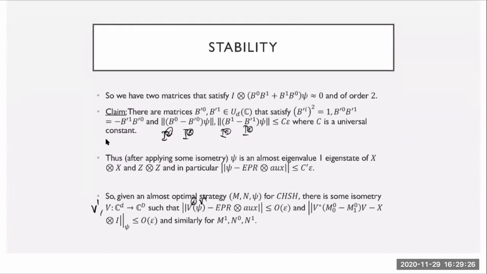So we have these matrices B0 and B1 that almost anti-commute in the sense that if you take I and you tensor with this matrix and act with it on psi, it is almost 0. Note that this is the same as saying that B0 B1 plus B1 B0, if you restrict it to the span of the VIs, in the SVD decomposition, this Schmidt decomposition that we talked about last time, and I recalled it here at the beginning, almost all of the span is in the almost kernel of these matrices.